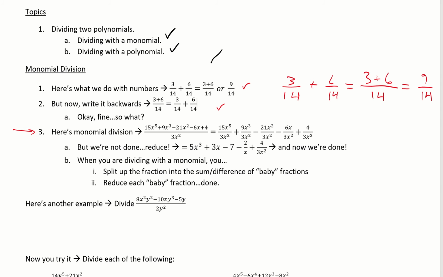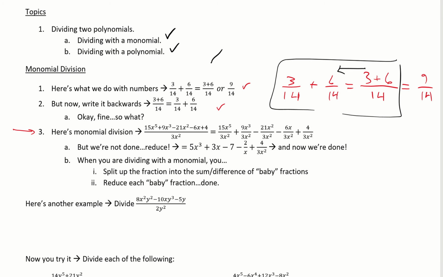Well, if we focus on this portion of it right here and look that way, that is to say, if I've got a fraction that's got a sum or a difference in the numerator, we can split it up into 2 fractions or more, depending on how many you're looking at.